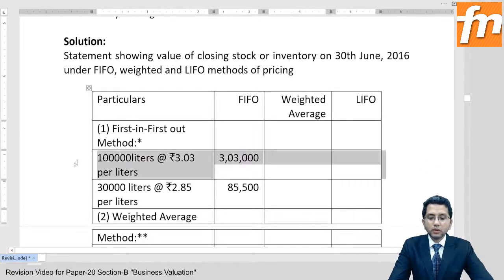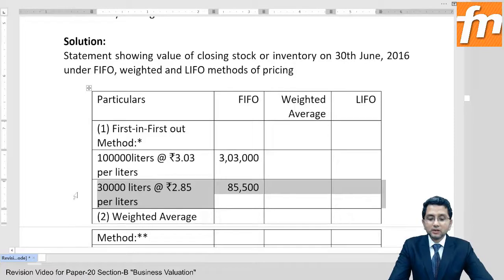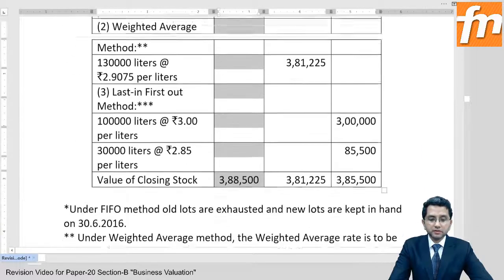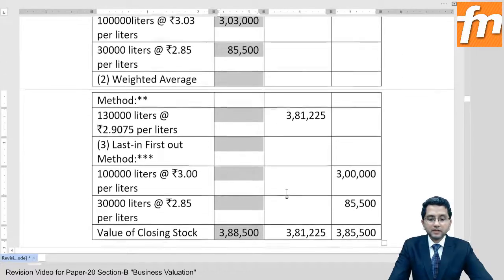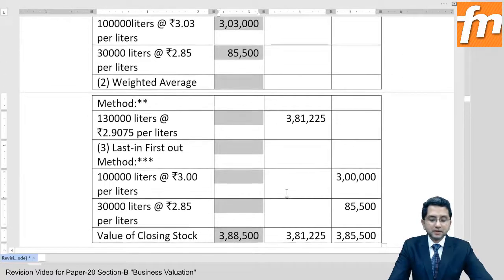So 1 lakh liters at 3.03 is 3,03,000 and 30,000 liters at 2.85 is 85,500 rupees. So under FIFO, this is the FIFO column, the value of inventory appears to be 3,88,500 rupees.